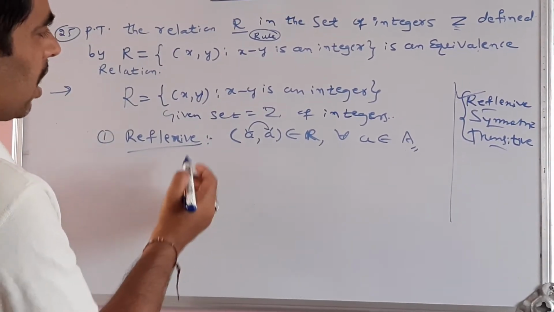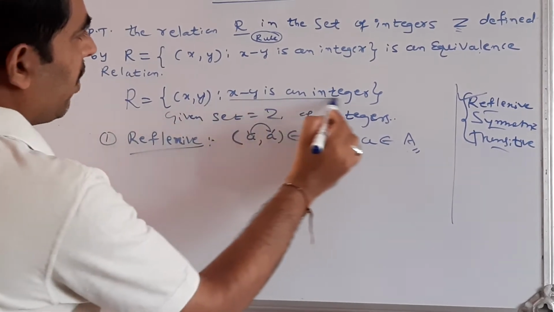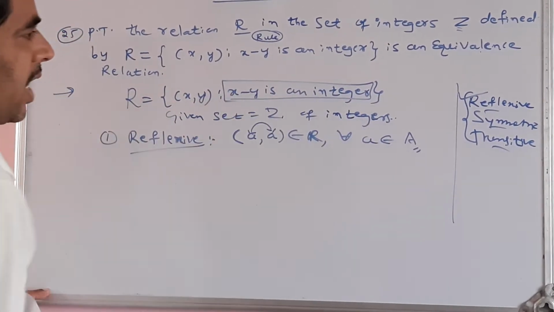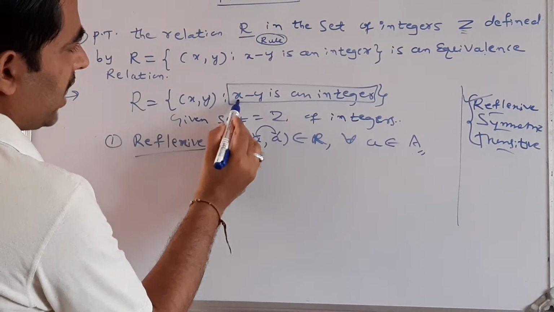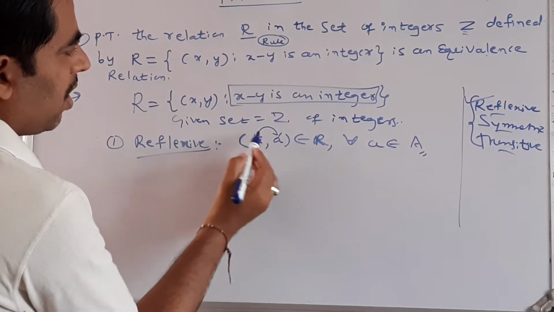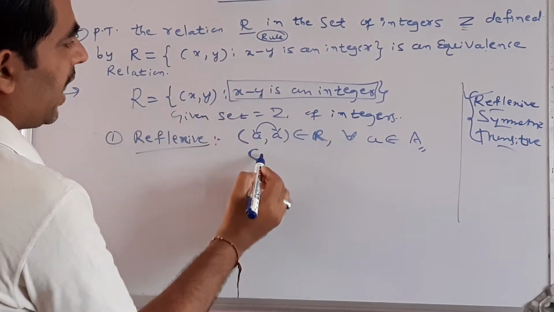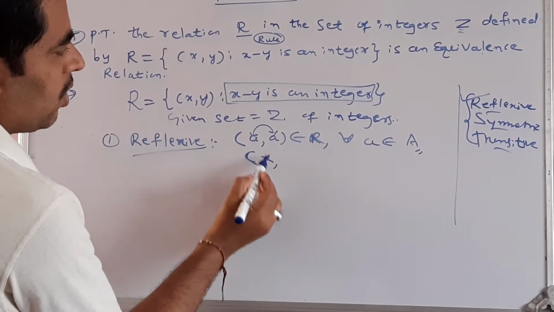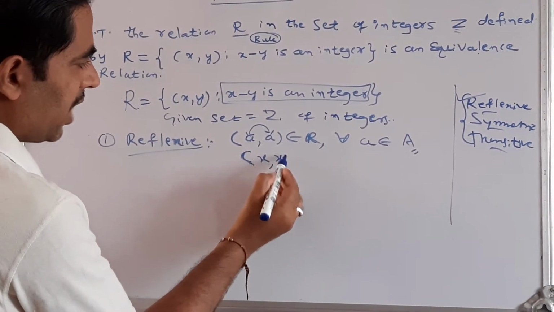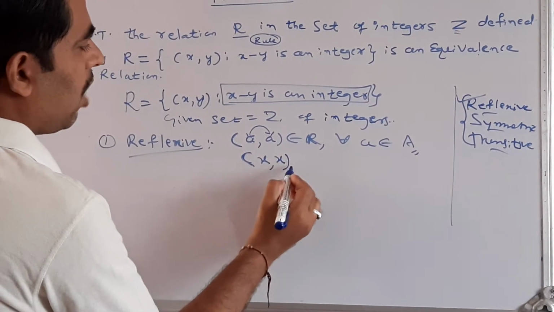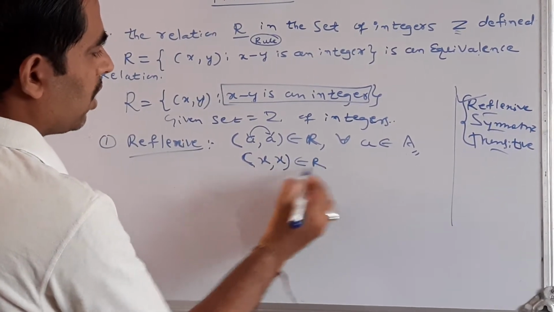Here the given relation is x minus y is an integer, so you can replace this by x and y. I can take any one element x. So x should be related to itself, that is x comma x belongs to R. Is it true or not?